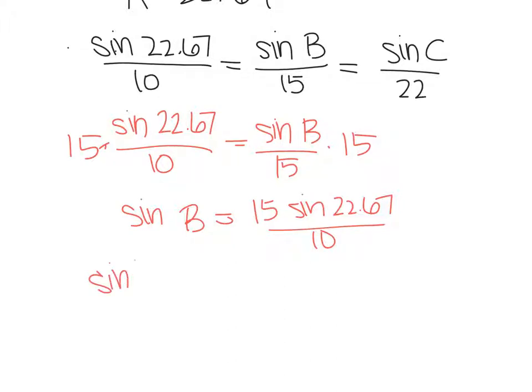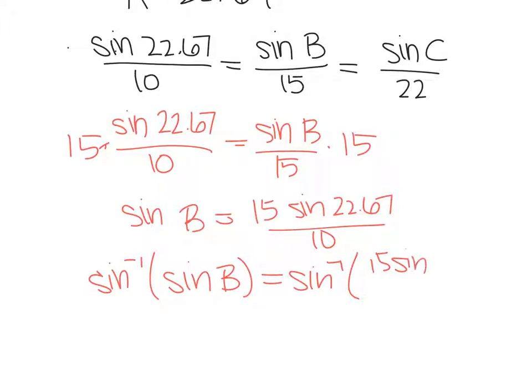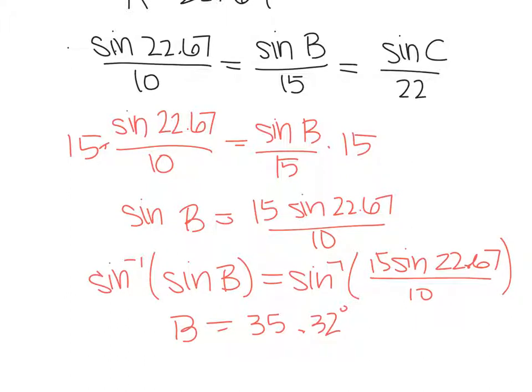Take the inverse sine of both sides, and we get that angle B equals 35.32 degrees.